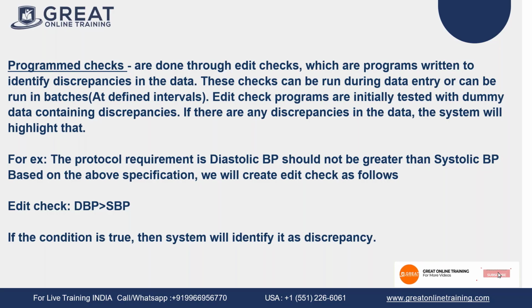Usually, based on the specification only, we write the edit check. For this specification, we create the edit check stating diastolic BP greater than systolic BP. If this condition is true, then the system will identify the discrepancy. So this is a good example.